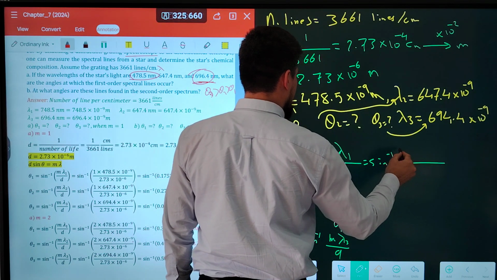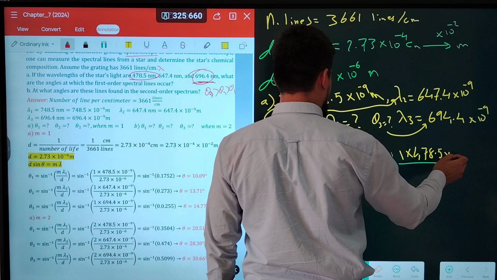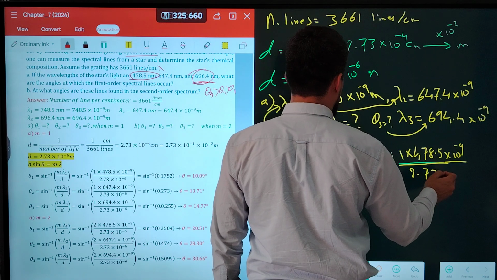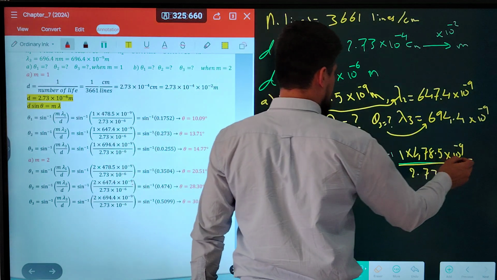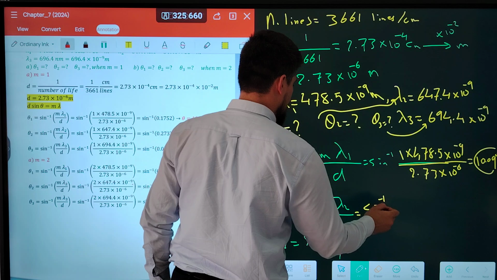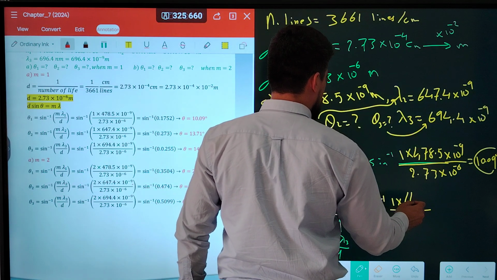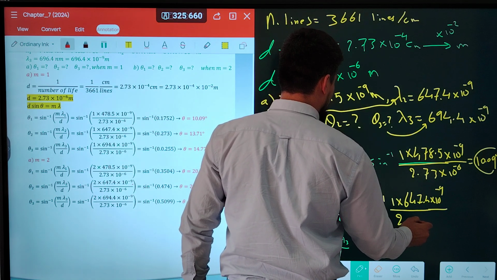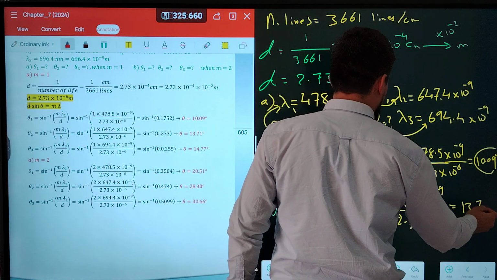Sine inverse of m lambda 1, 478.5 times 10 to the power negative 9, over 2.73 times 10 to the power negative 6, gives theta 1 equal to 10.09 degrees. For theta 2, m is still 1 and lambda 2 changes: 647.4 times 10 to the power negative 9 over 2.73 times 10 to the power negative 6, which is equal to 13.71 degrees.